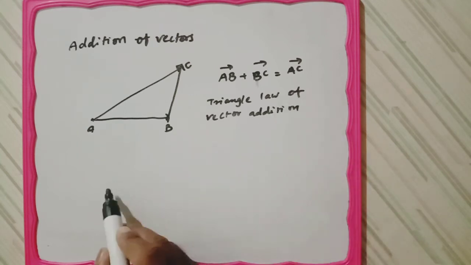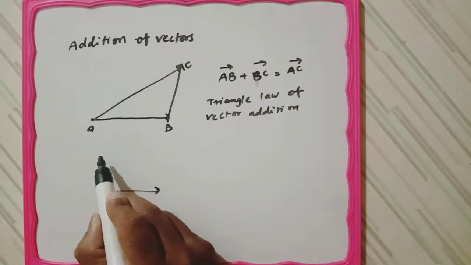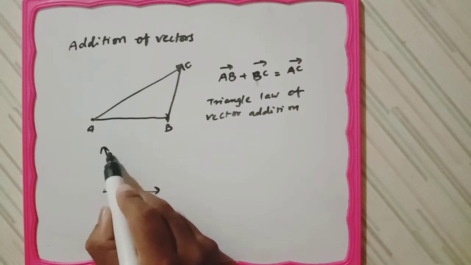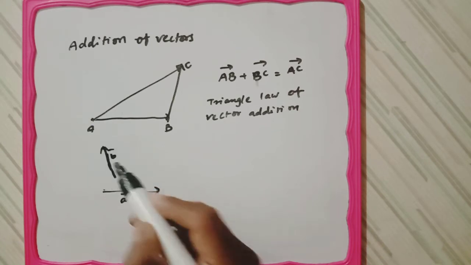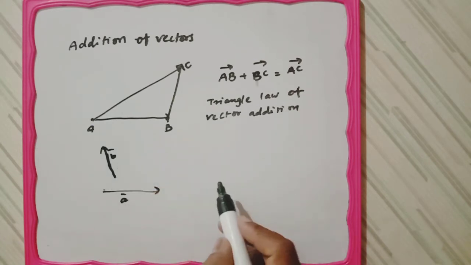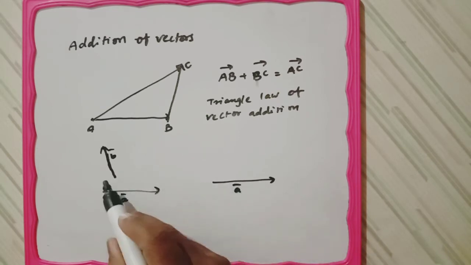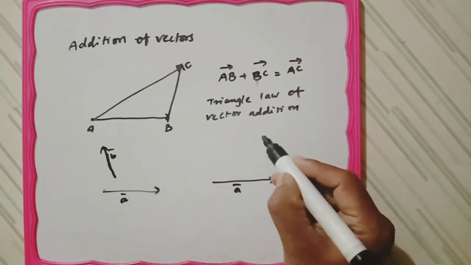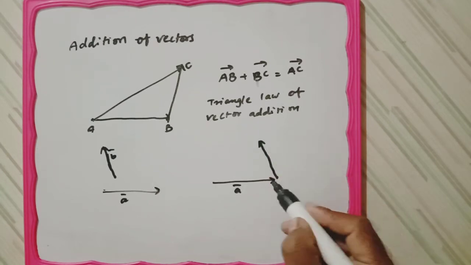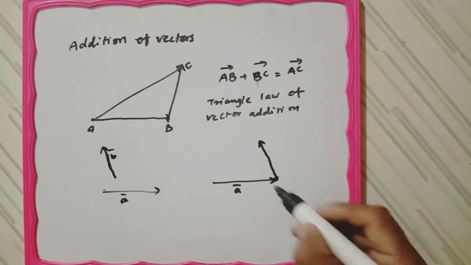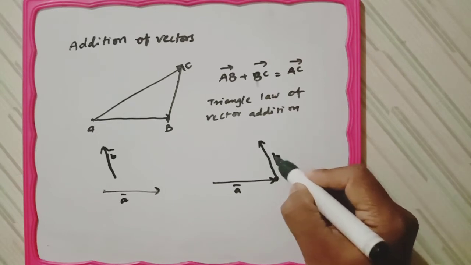In general, if one vector is A bar and another vector is B bar, we take A bar as it is and we displace B bar without changing the direction, and we take the terminal point of A bar as the initial point of B bar.